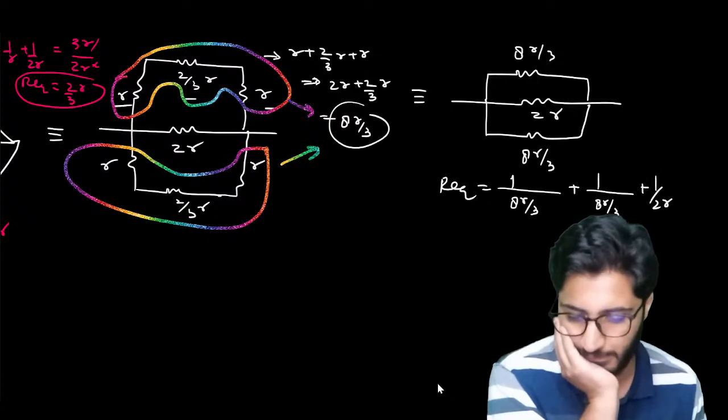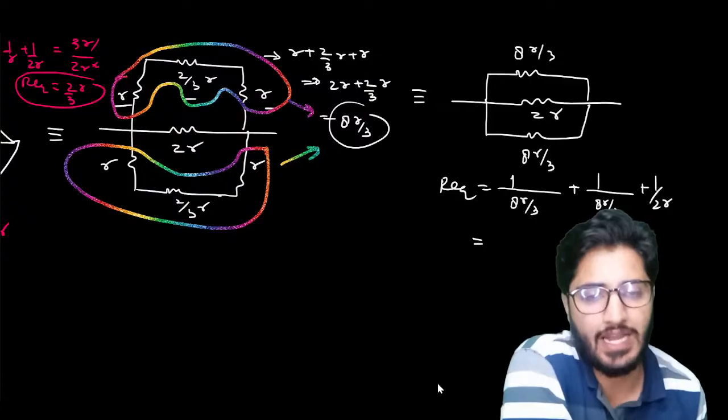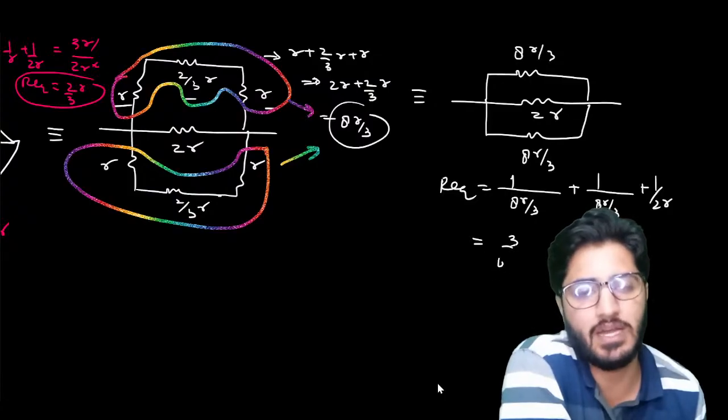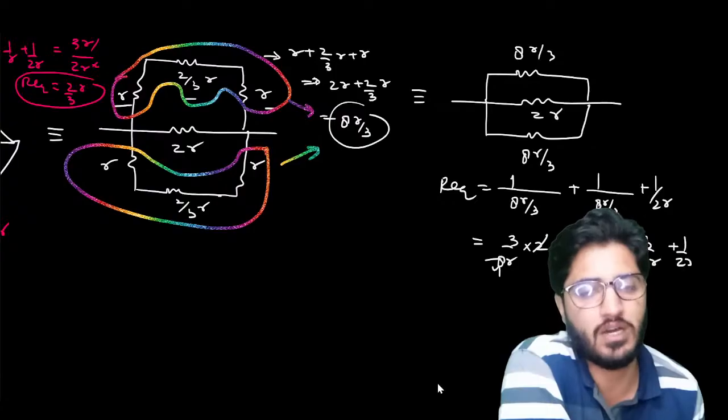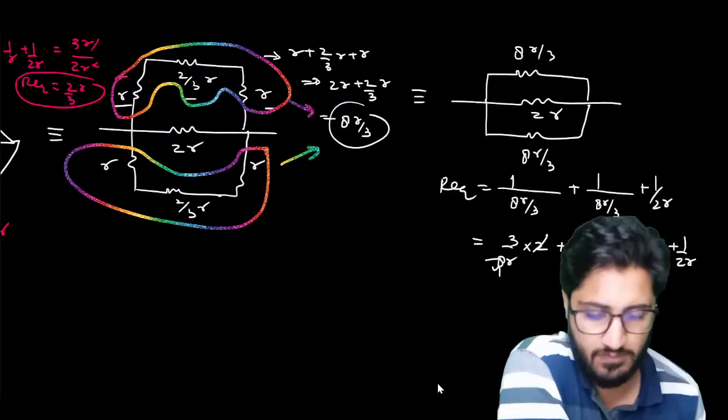I guess. Okay, now, so I need to write it like 3 by 8R multiplied by 2 times plus 1 by 2R. 2 fours are 8. It came out to be 3 by 2R plus 1 by 2R. It will be 4 by 2R.